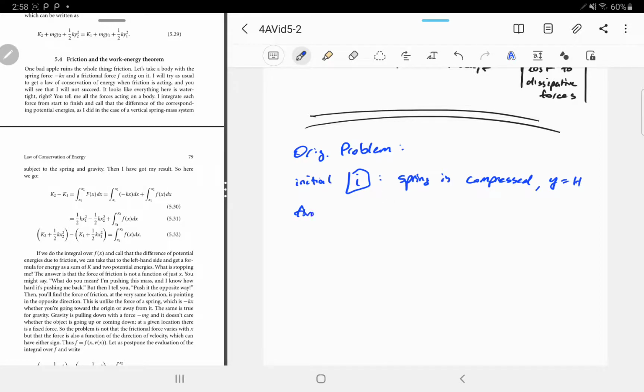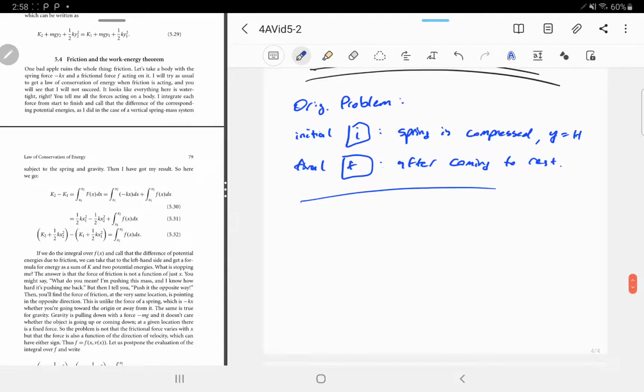And then the final is after the thing comes to rest. Okay, so our E mechanical initial plus the work done by our non-conservative forces is equal to our final mechanical energy.